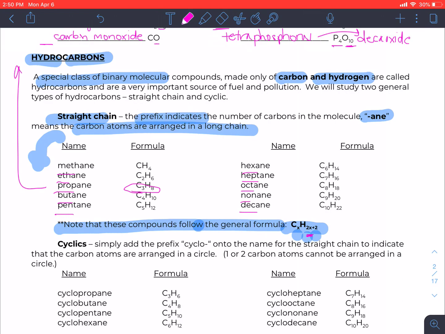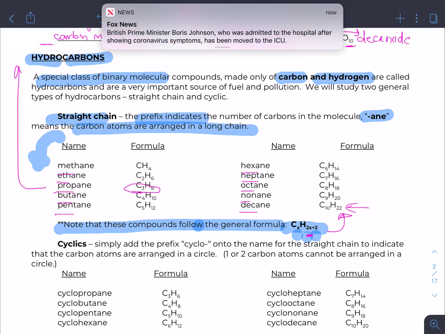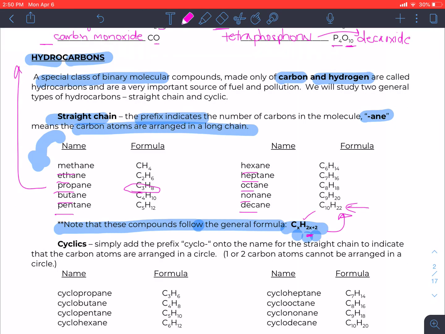That same pattern applies to all of these. Decane, 10 carbons, so 2 times 10 is 20, plus 2 is 22. And so you can do that same pattern for all of these. So what you need to study mainly right now is the prefixes meth, eth, prop, but, pent, hex, hept, and know when to apply those to hydrocarbons.